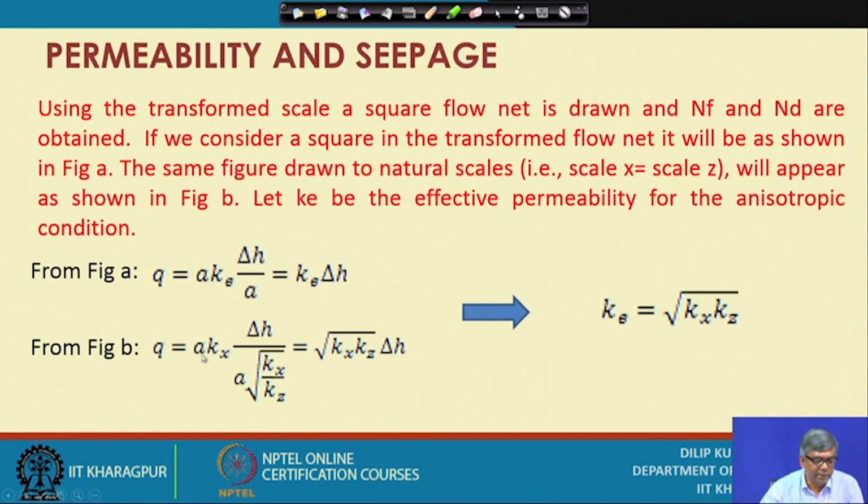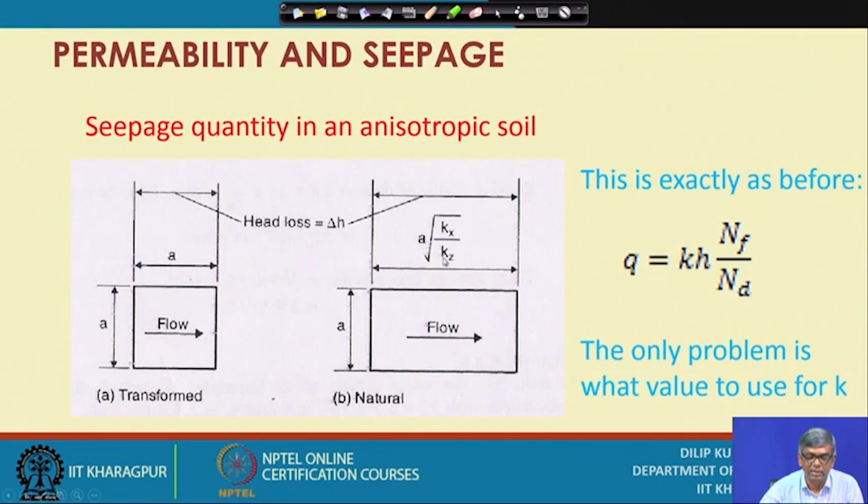becomes A times, again the same because the flow takes place through the same height A, K x is the permeability, and delta H is the head loss over the distance, which in figure B is A times under root K x by K z, so this is the distance x.